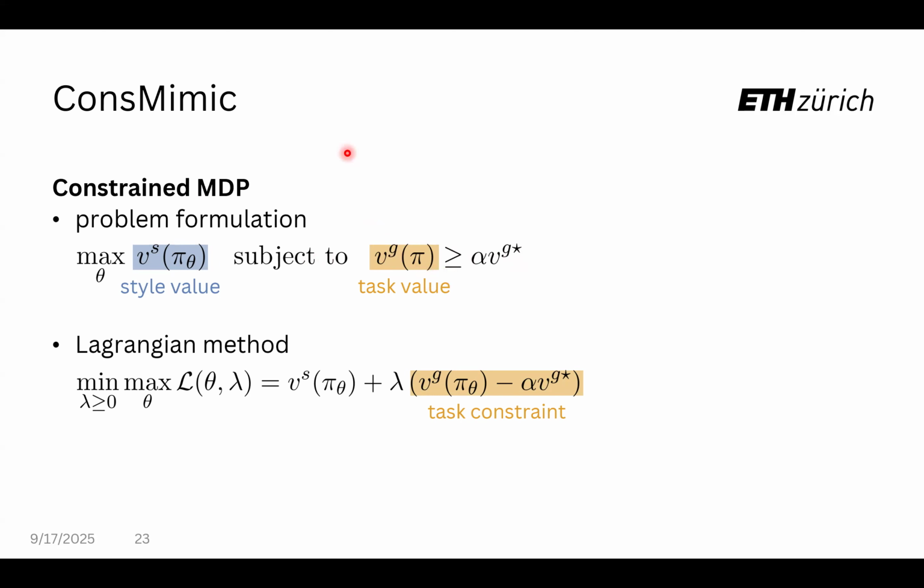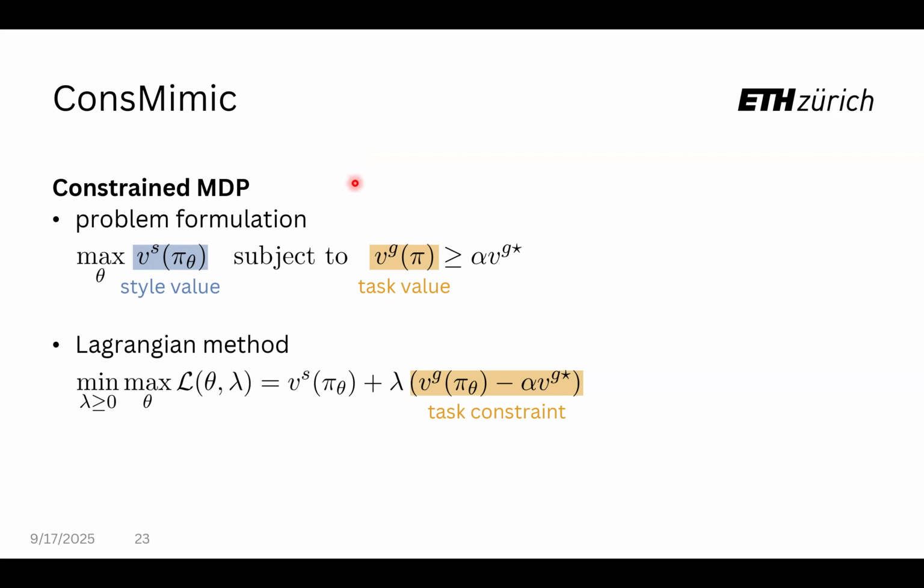For example, I'm tracking a velocity, and I will ignore my reference for now, but only after, say, 90% I'm happy, then I start to introduce my style reward: now please do something similar to the reference motion. This way, I have the guarantee that my task fulfillment is always 90%. When you cannot do the task, please do the task. When you can do the task, please try to learn a little bit of style.